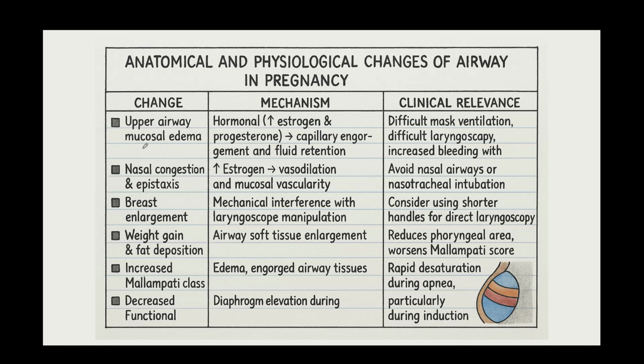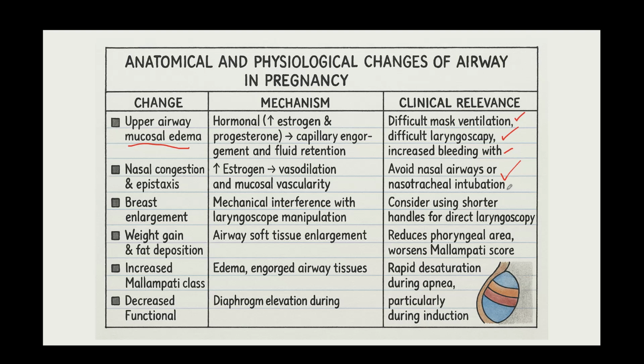This upper airway engorgement and fluid retention can lead to difficult mask ventilation, difficult laryngoscopy, and increased bleeding tendency. So try to avoid nasal airways or nasotracheal intubation as much as you can. Consider using shorter blades for direct laryngoscopy, reduced pharyngeal area, and there is a worsening of the Mallampati score.